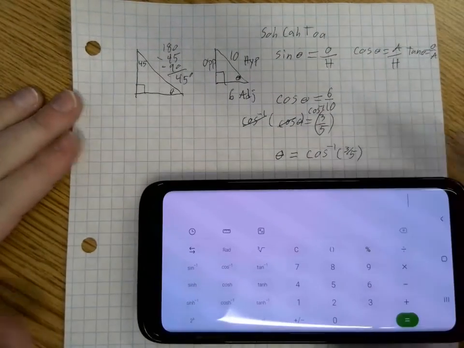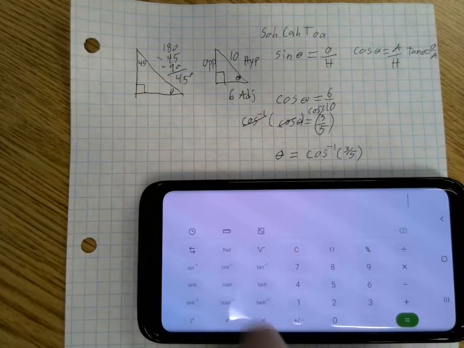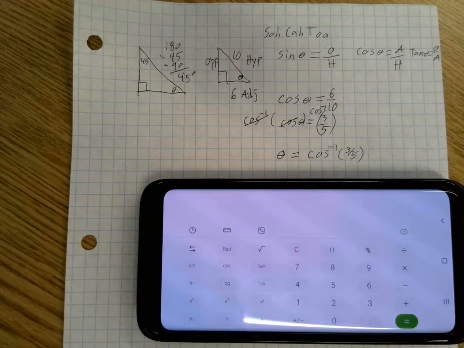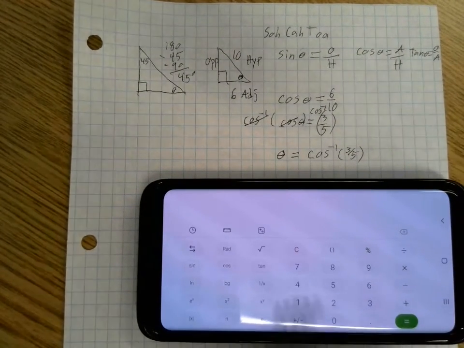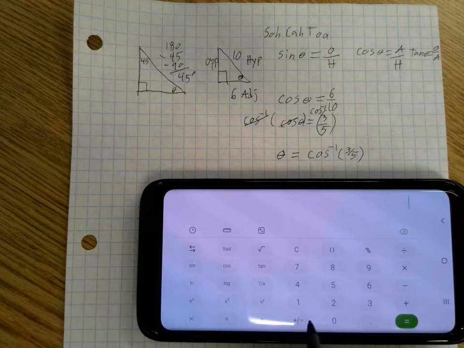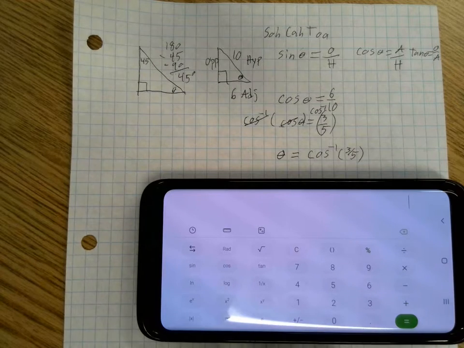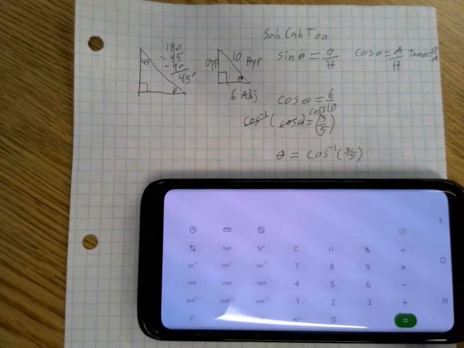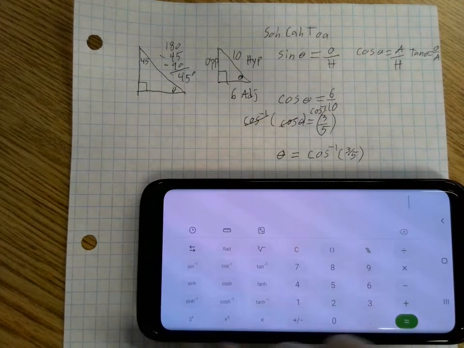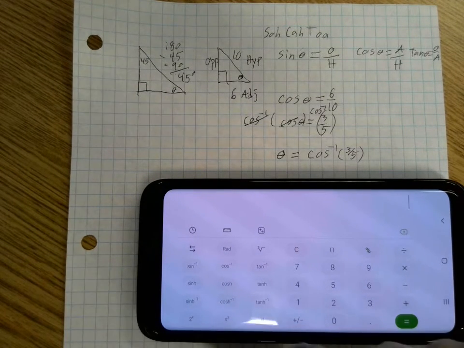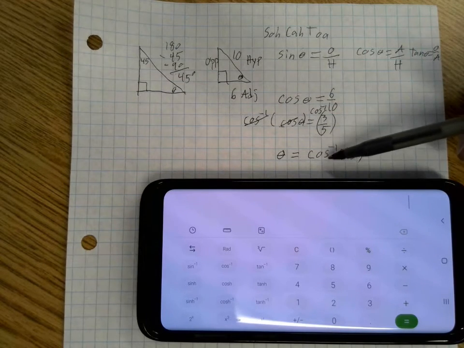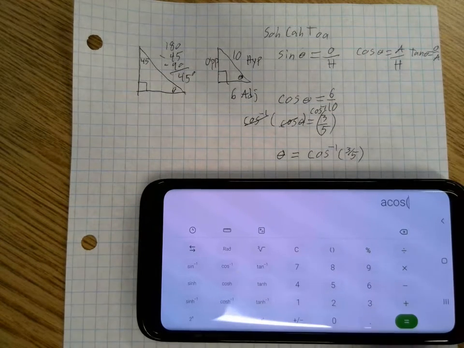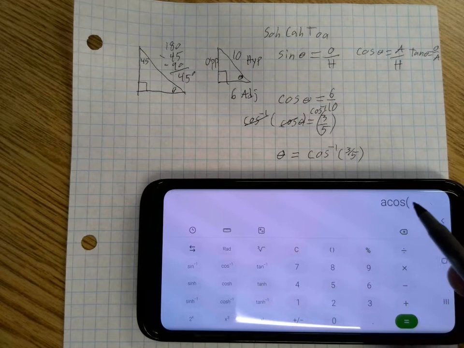Here I'm going to use my phone again. If you open your phone up and have it sideways, this is typically what shows up. And remember, this is Android, not iPhone. For me, the way I have to do this is hit this button here, and that brings up a whole different table of stuff on this next screen. Since I'm using inverse cosine, I want to make sure I hit cos⁻¹, and this makes this a cos here.